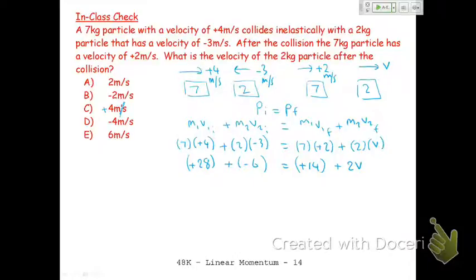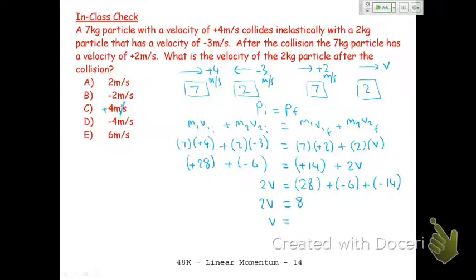So 2v is equal to 28 added to minus 6, taking this to the other side, added to minus 14. So then 2v is equal to 28, that brings me down to 22, and that brings me down to 8.